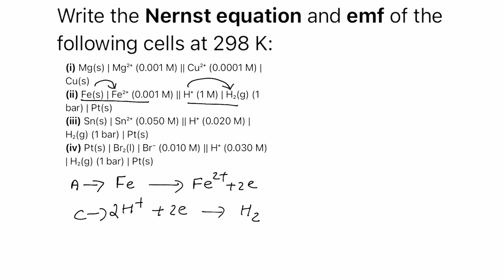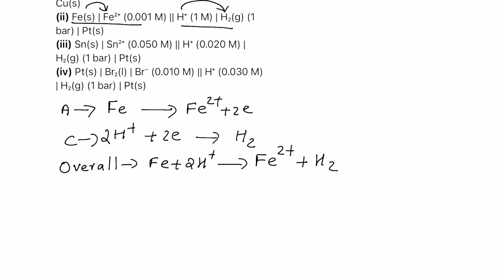Here you can see the number of electrons in the anodic reaction and cathodic reaction are both 2, so you can simply add to get the overall reaction. What is the overall reaction? Fe plus 2H+ gives Fe2+ plus H2; the electrons cancel on both sides. Clear? Now we can write the Nernst equation.